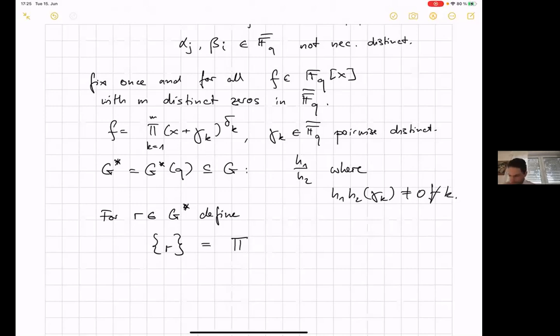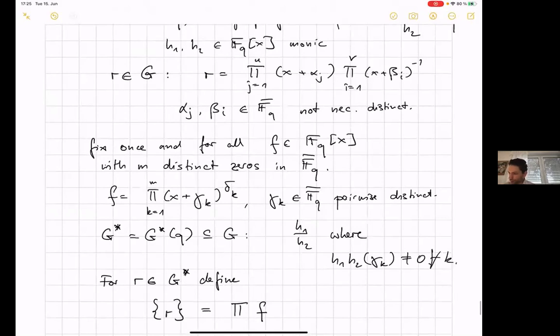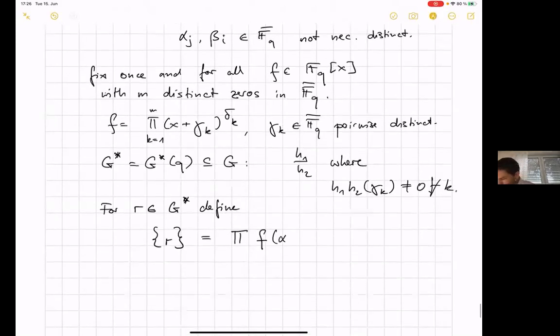I evaluate f at the roots of R. So f evaluated at alpha_j times f evaluated at beta_i inverse. So recall, alpha and beta are the roots and the poles of R, and I evaluate f at these roots and poles. And this is the same as R evaluated at the gamma_k, if you just plug this in, to the power delta_k.